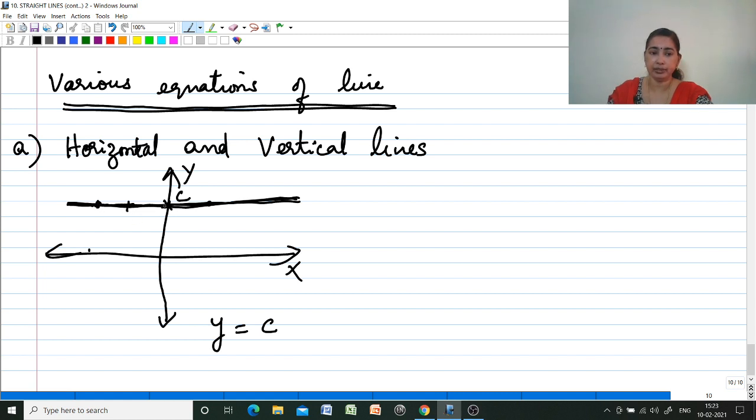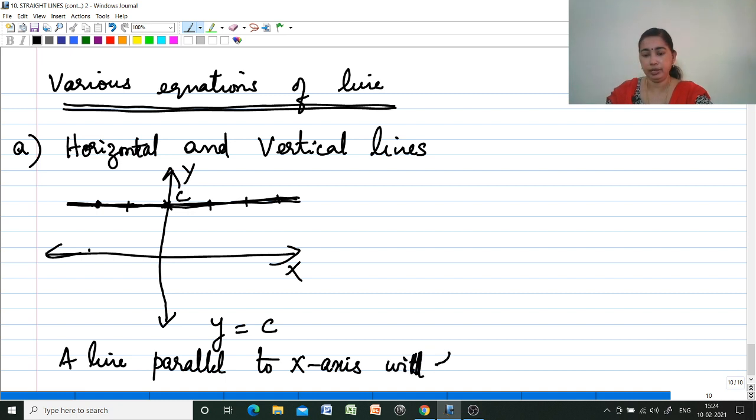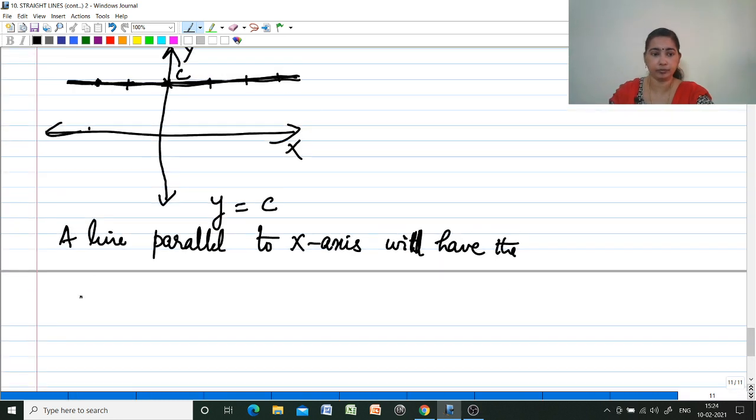Any coordinates on this straight line which is parallel to the x-axis will have the equation y is equal to a constant.